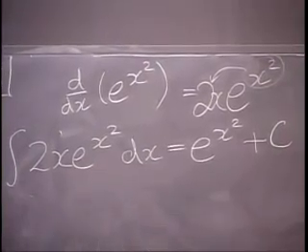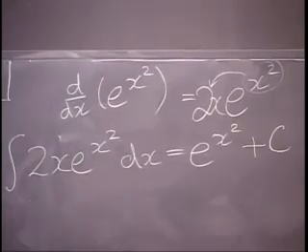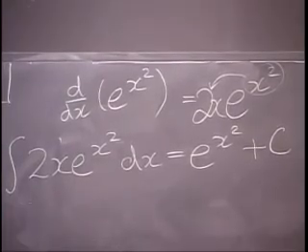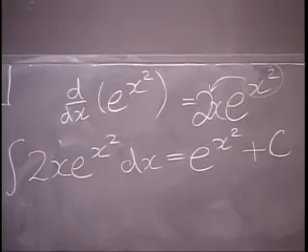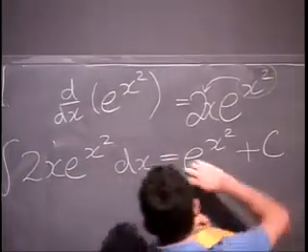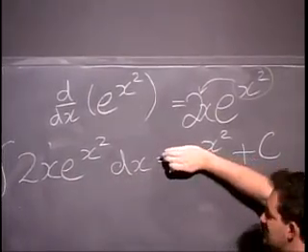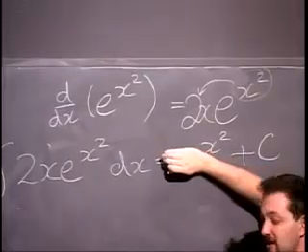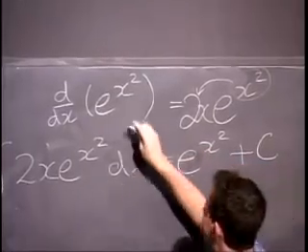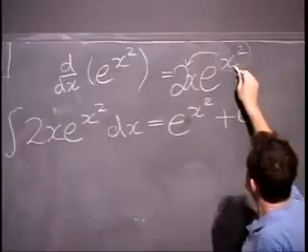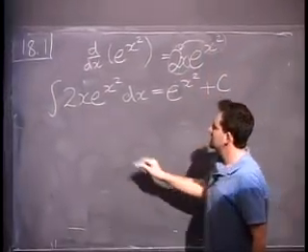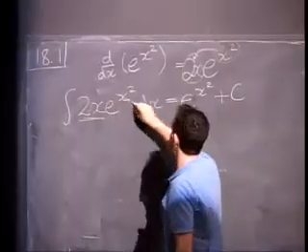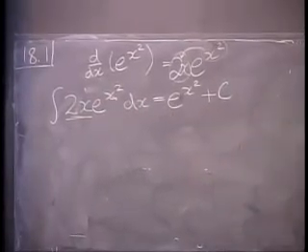So we have the integral of 2x e to the x squared dx is e to the x squared plus c. If you were just looking at it from this point of view, it kind of looks nasty, but it's really quite nice. You see, here, the x squared has sort of spat out its own derivative. Here it is, it's got to swallow it back up in. It's gone. We're undoing the operation.